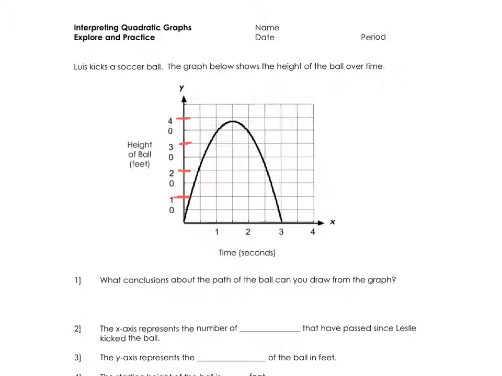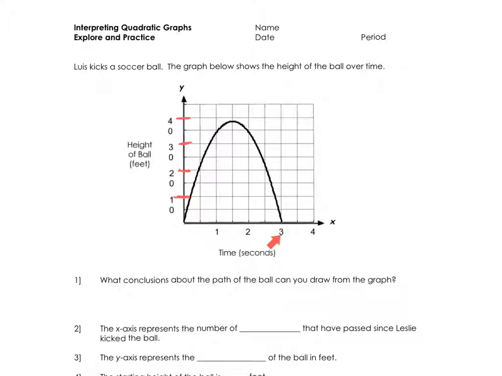What conclusion about the path of the ball can we draw from the graph? All right. So we were just talking about this graph a little bit. Preston, what can I say about the path of this ball? What's going to happen to it? It's going to go up, right? So it goes higher, and then what happens?